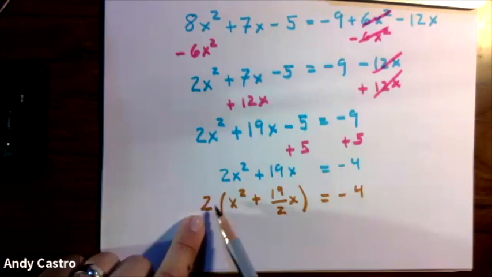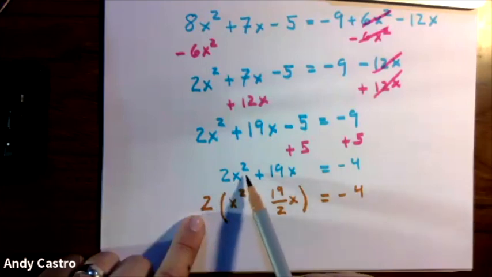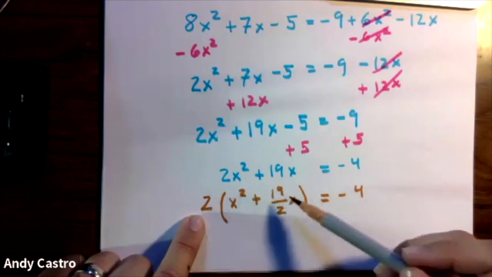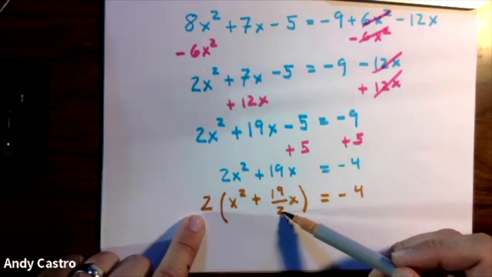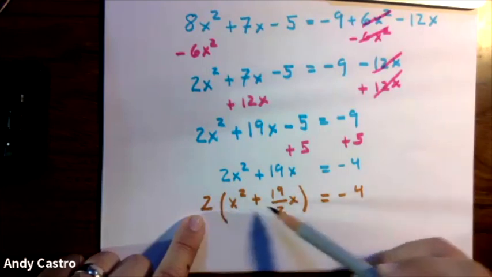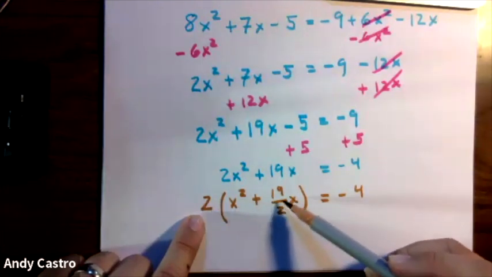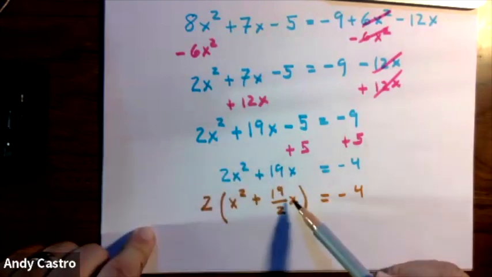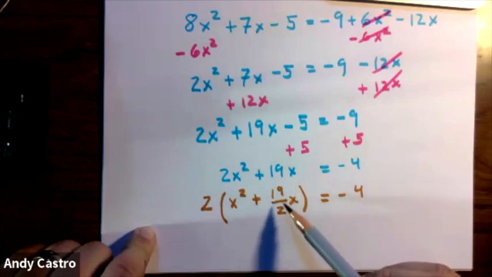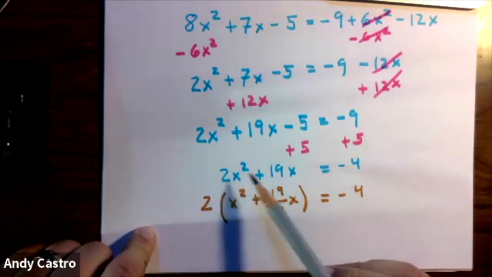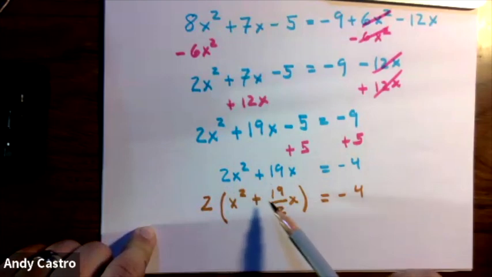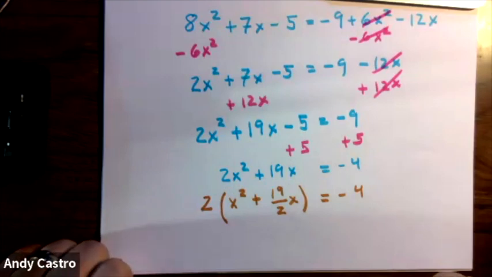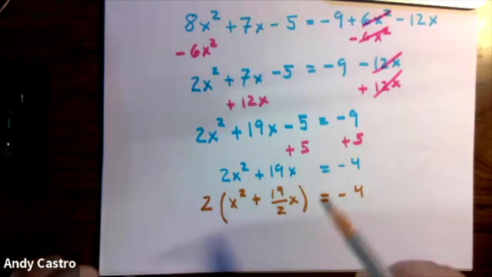You've seen it before. 2 times x squared is 2x squared. But this middle term now, 2 times 19 over 2 times x, the 2's will cancel, and I'll be left back with my 19. So when we pull a 2 out, I can show that as divided by 2. So when I multiply it by 2, those inverting functions result in just giving me back the same number.